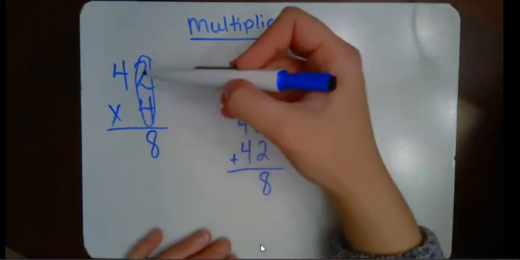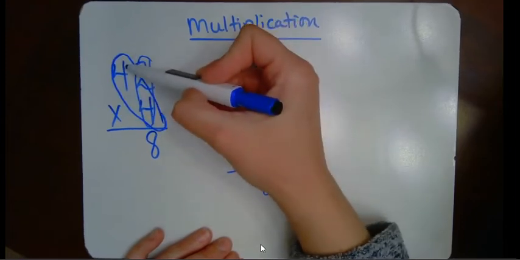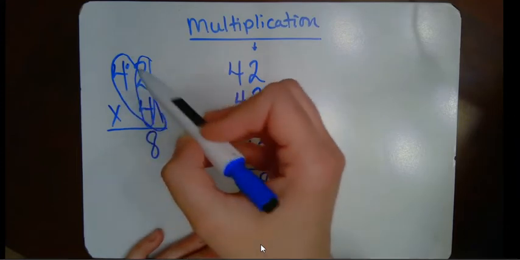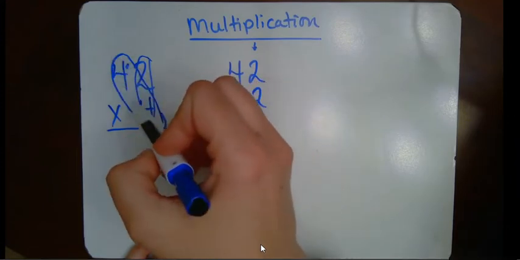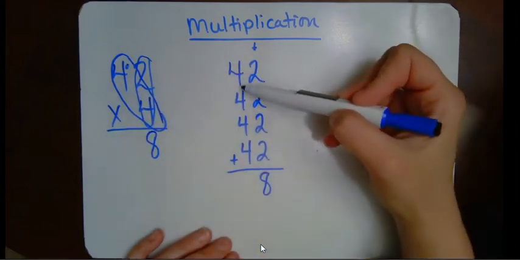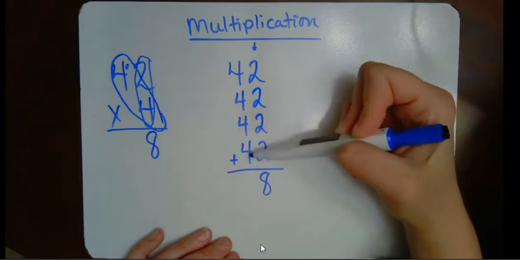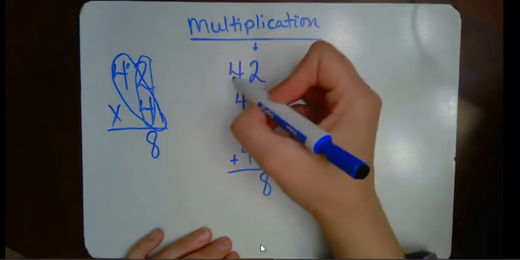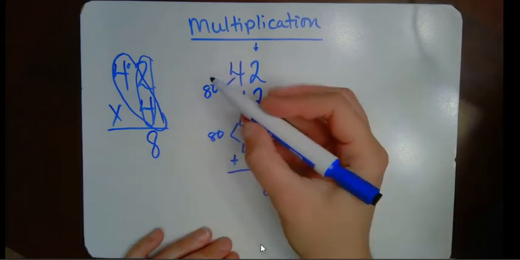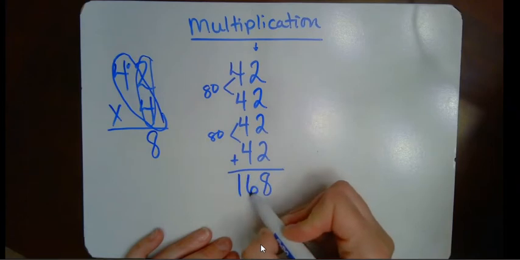So here, I would multiply 4 times 4. This 4 up here is really a 40 because it's in the tens place. So if I were to add 4 times 40, we have 40 plus 40 is 80, another set of 80, and then adding 80 plus 80 would give me my 160.